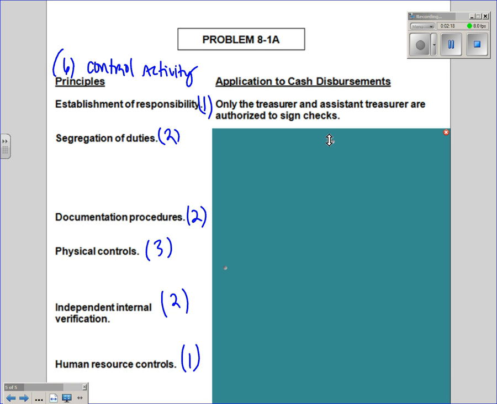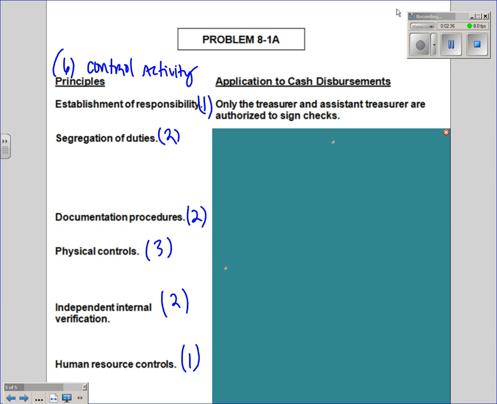And it says in the first paragraph toward the end, checks must be signed by either Jennifer Edwards, the treasurer, or Rich Woodruff, the assistant treasurer. That's establishing responsibility. No one else can sign off on checks except those 2.